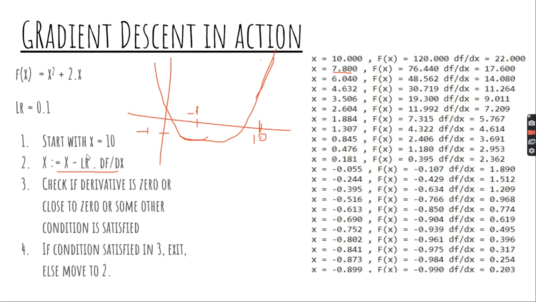The learning rate, obviously, you can see what would happen if we did not have a learning rate. If the learning rate was very high, let's say it was 1, it would be 10 minus 1 into this 22. So you can see what this would do, right?